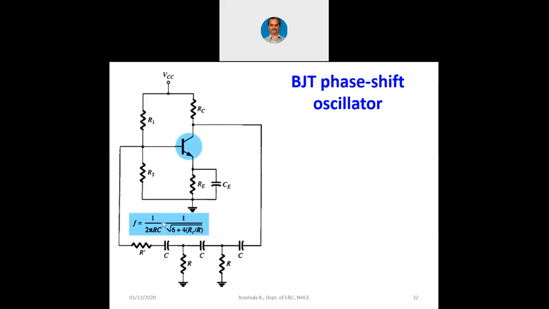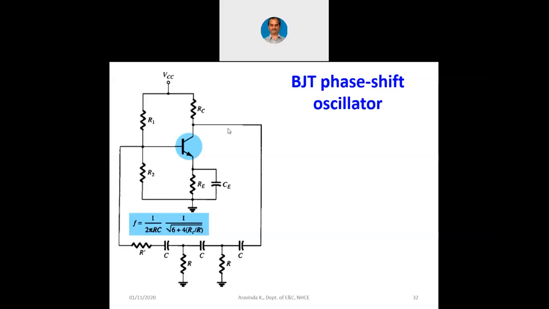But here 1 over 2 pi RC root 6 is also there, but inside the square root you can see 6 plus 4 into RC by R. Now why is this RC coming into the picture? Again, the output impedance is also non-ideal. Here RC and R are working like a voltage divider network for the output signal itself.